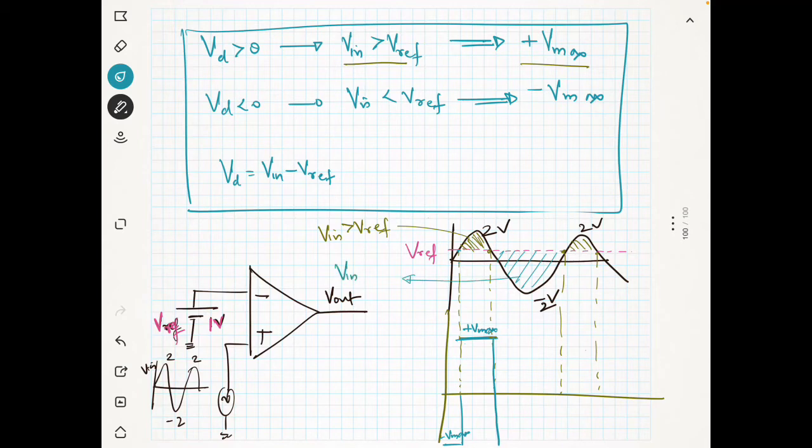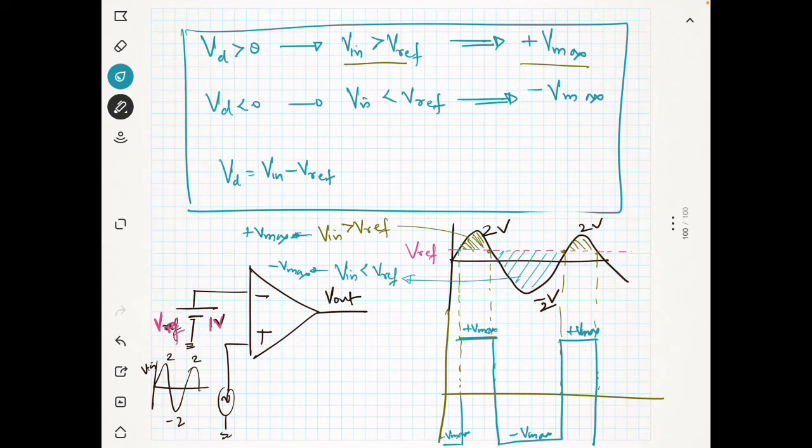All these points, V in is less than V reference, so the output will be minus V max. And here, if V in is greater than V reference, the output will be plus V max. Okay, so like this, this is minus V max and this is plus V max. Now this is the idea.